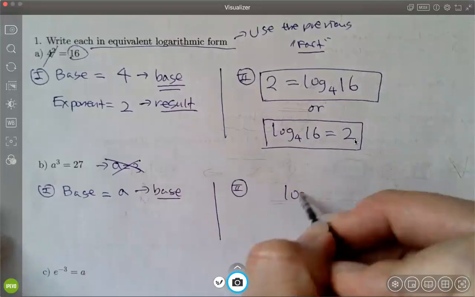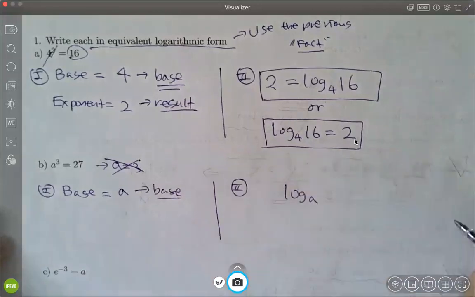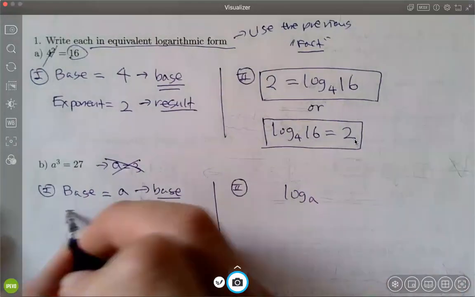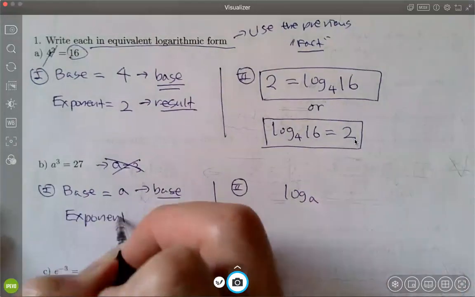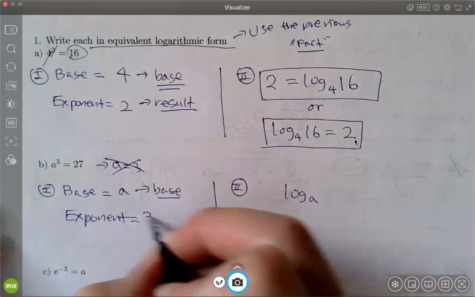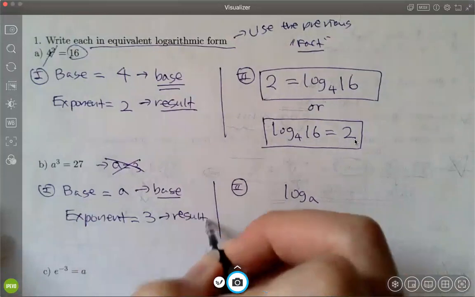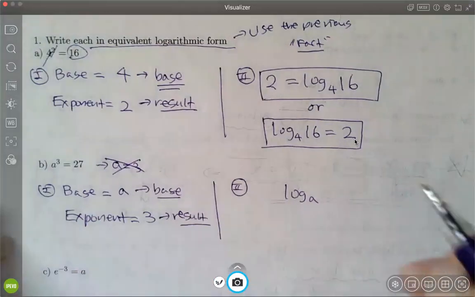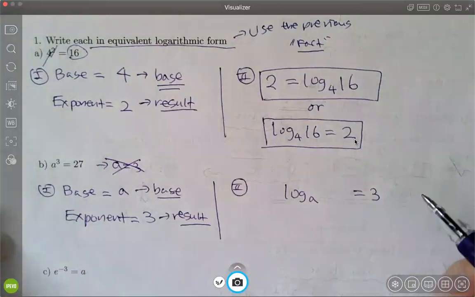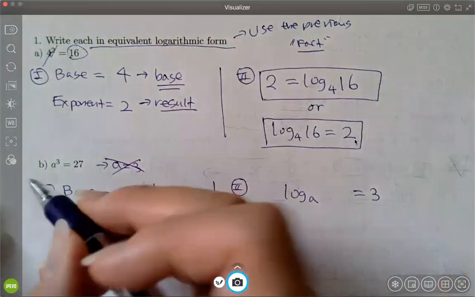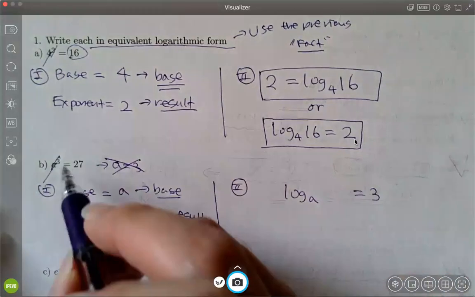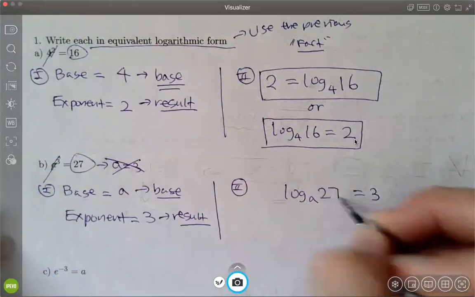And what do we have? The exponent. And what's the exponent? 3, right? And that becomes the result. So it's written after the equal sign, right? We took care of a, we took care of 3. What's the remaining number? 27 has to go here. And that's it.